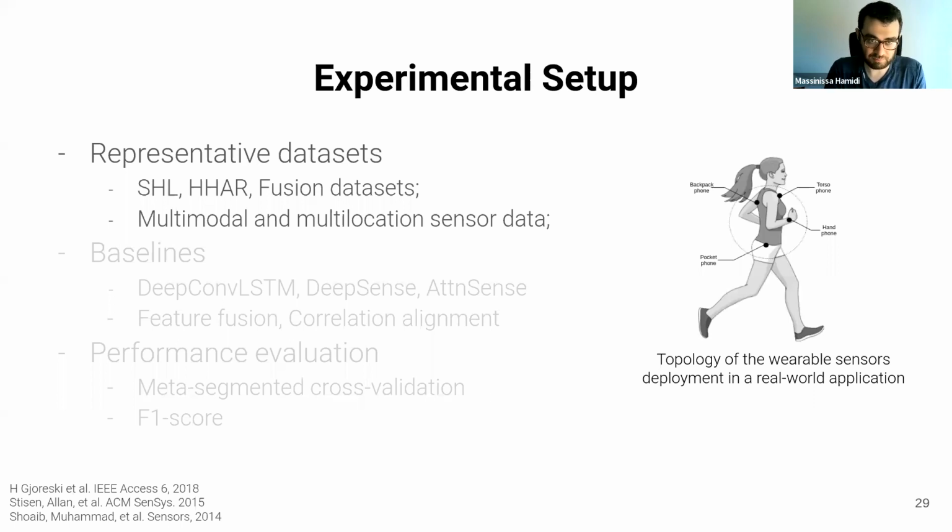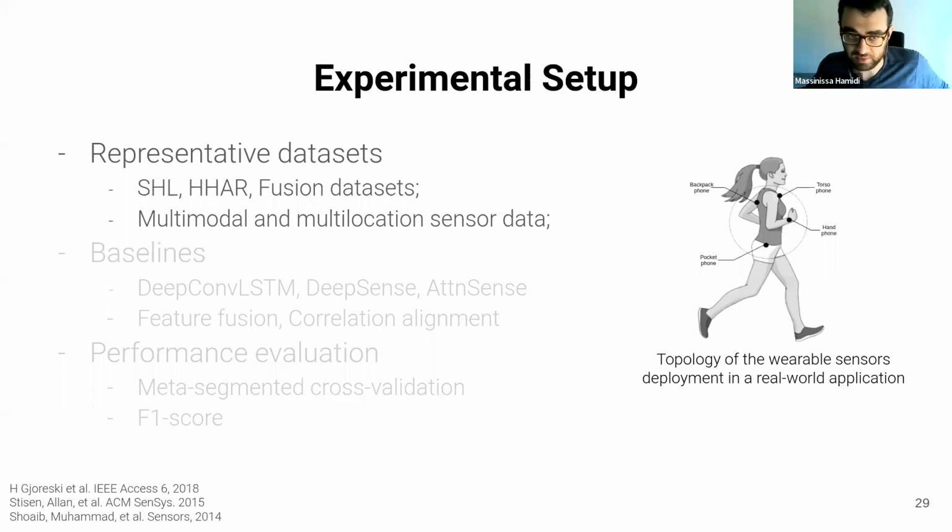Before that, here is the experimental setup. We evaluate our approach on a human activity recognition task, and we use for that the SHL dataset, which provides multi-modal and multi-location data recorded in real-life settings.